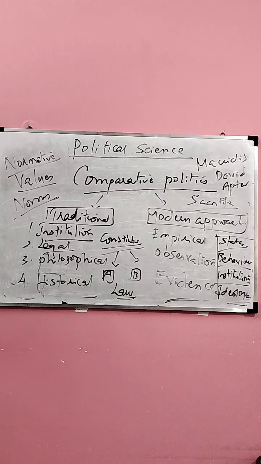A scholar going for comparative politics should be objective. She should be neutral. She should not have value judgments in her mind. For example, if a scholar already has the opinion that liberalism is the best philosophy and that liberal democracy is the best form of government, then she has already decided that liberalism and liberal democracy are the best form of politics.